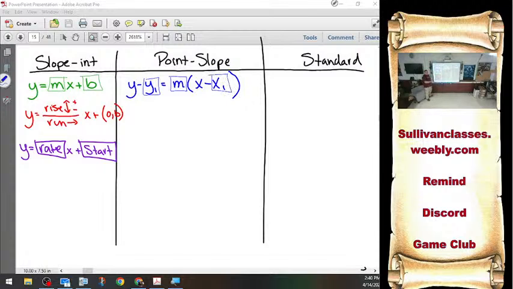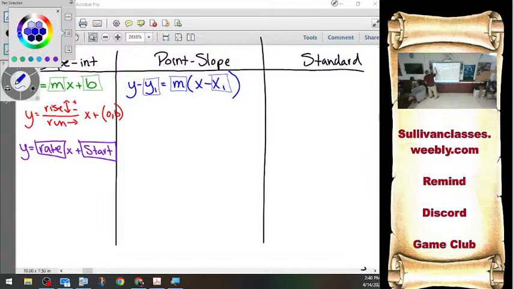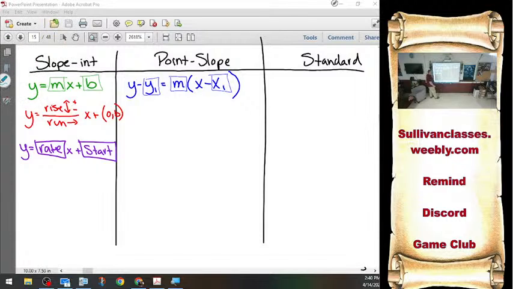You always have the y and the x there in the equation because that's how I get my input and output. But those will be numbers. Specifically, as a word problem, y minus our output is rate times x minus my input.